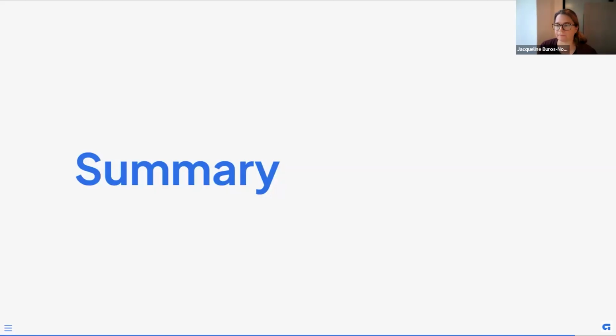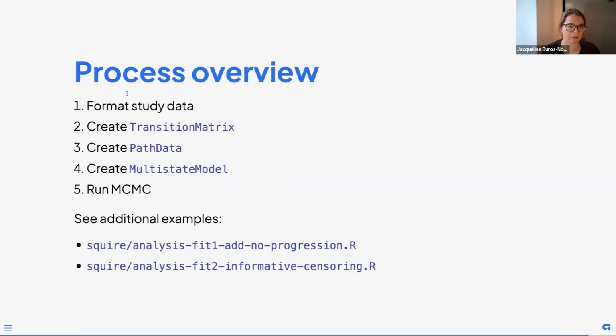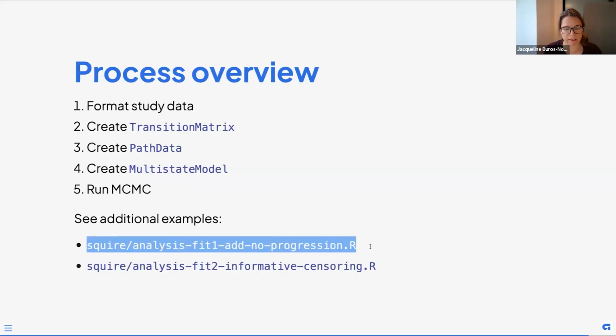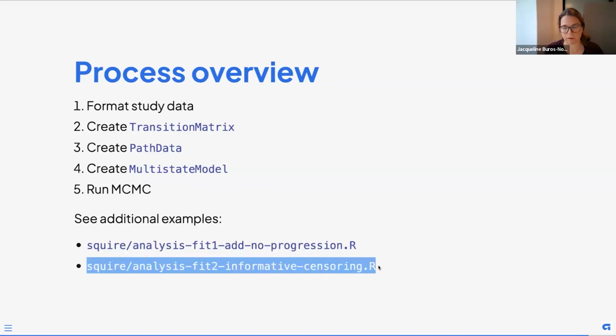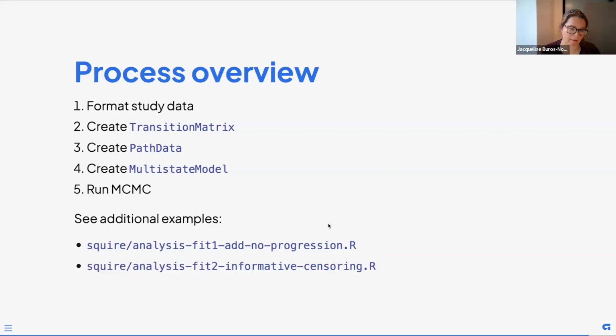So in summary, this is the overview for fitting a model using this package, BM-State. And we have some additional examples here that explore results with different composition of states, transition matrices.